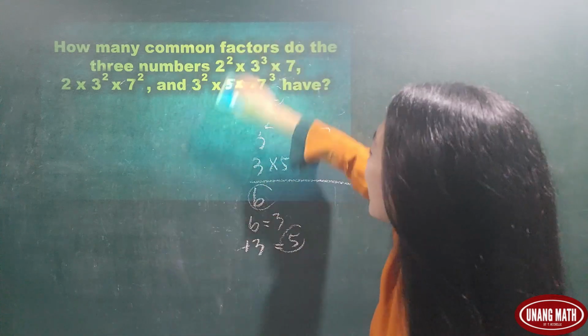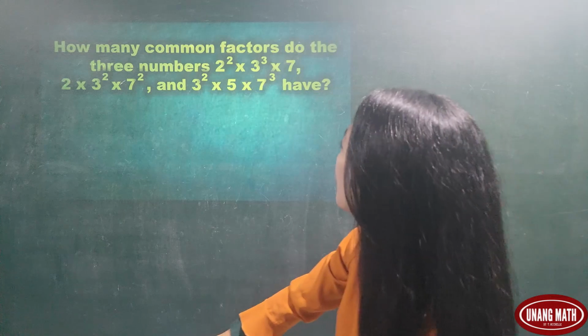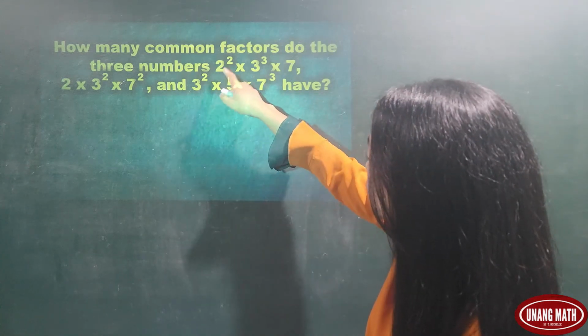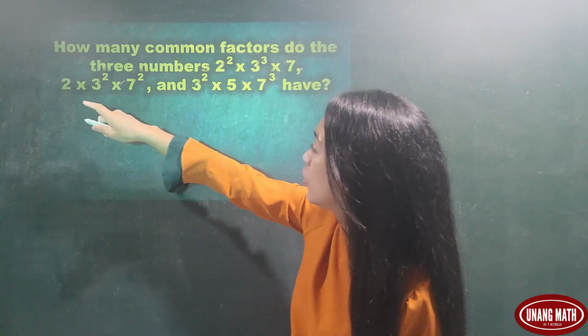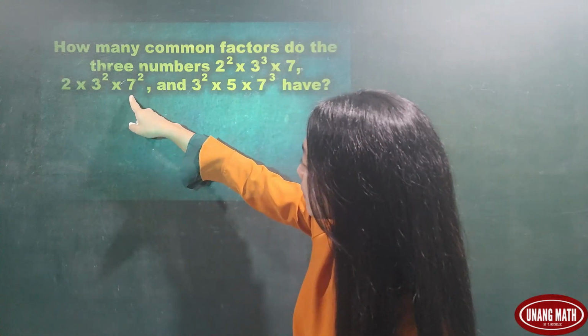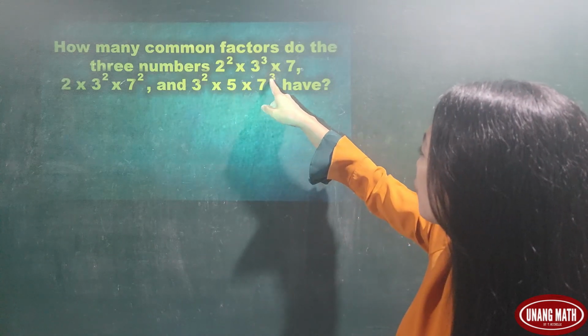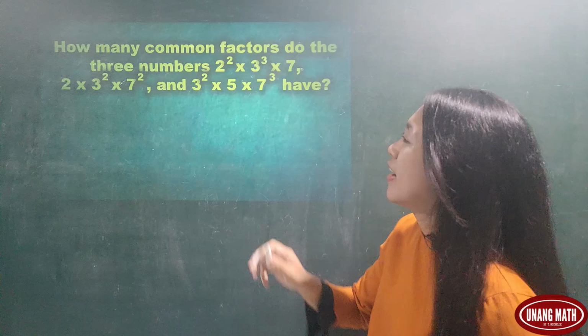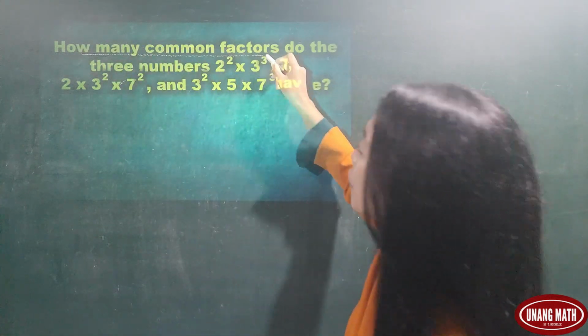Okay, let's answer the last problem. How many common factors do the three numbers 2 squared times 3 raised to the power of 3 times 7, 2 times 3 squared times 7 squared, and 3 squared times 5 times 7 raised to the power of 3 have? So this problem is asking for how many common factors.